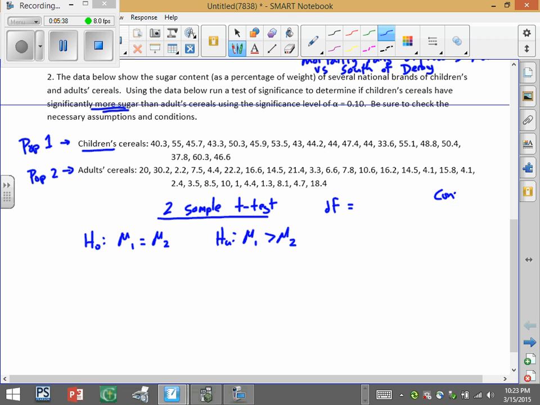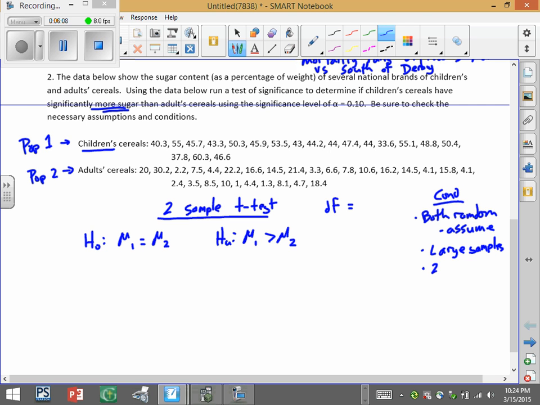I'll do my conditions over here. Are they both random? Using data, I don't see that, so again, we're going to assume. It looks like we got pretty large samples on both sides, but we could also easily check for normality once we put that in the calculator, just by checking a quick histogram.